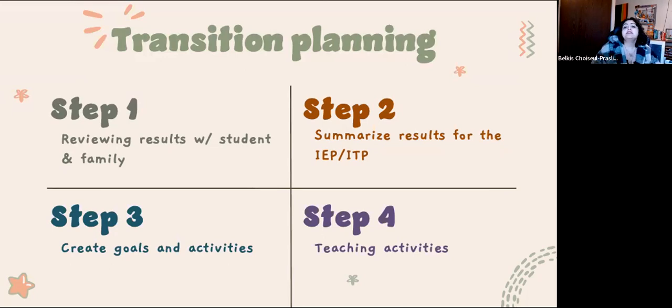Step number 2 is to summarize those results. There's a little bit more information you can add, and I'll share that with you. But it's not a lot that you have to do to change it. You just have to make sure it's individualized enough to be accurate for the IEP. You're going to create goals and activities. There are already goals and activities suggested for you.